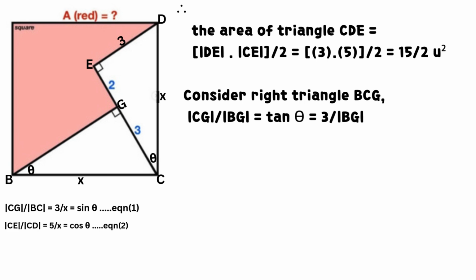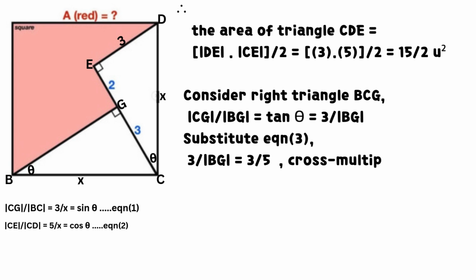After simplification of substituted values, consider right triangle BCG. Length of line CG divided by length of line BG equals tan theta, which equals 3 divided by length of line BG. Substitute equation 3. 3 divided by length of line BG equals 3 divided by 5.